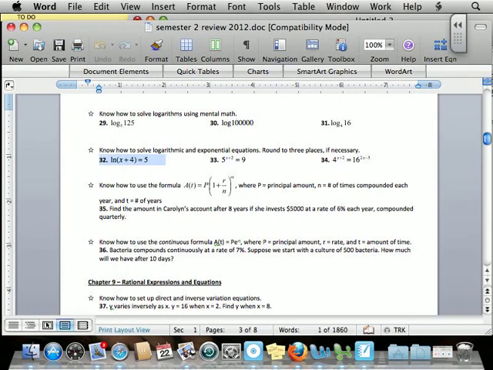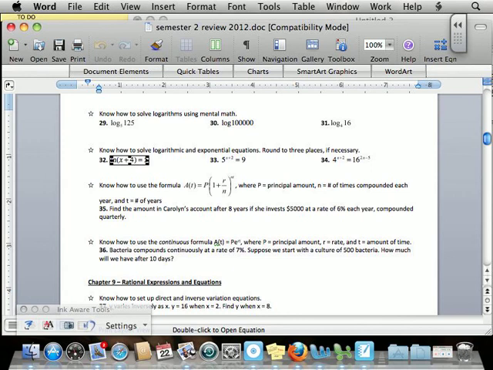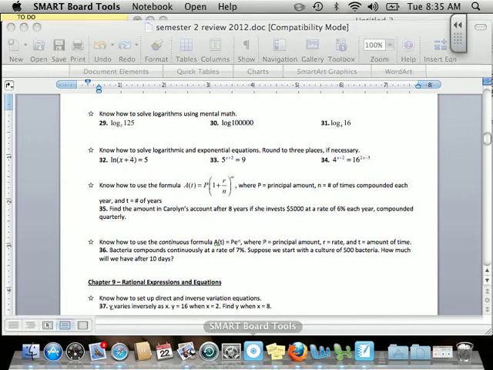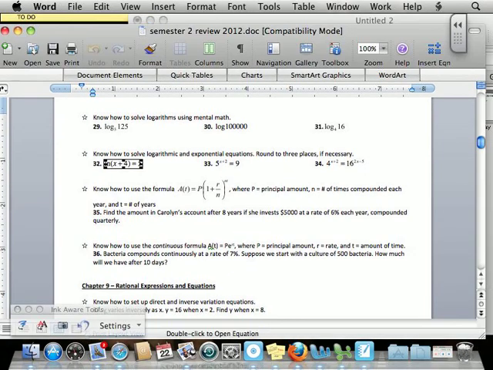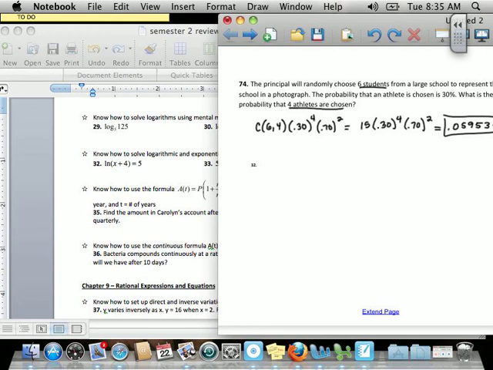Oh, all that copied was number 32. I don't know if that will copy or not. All right, so we have, oops, that should be ln.